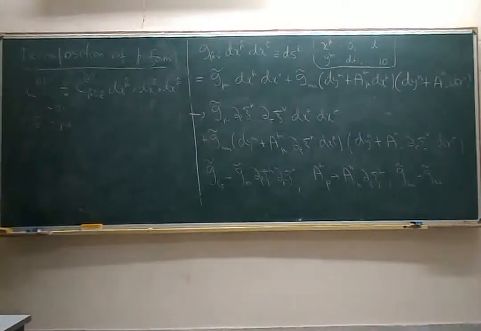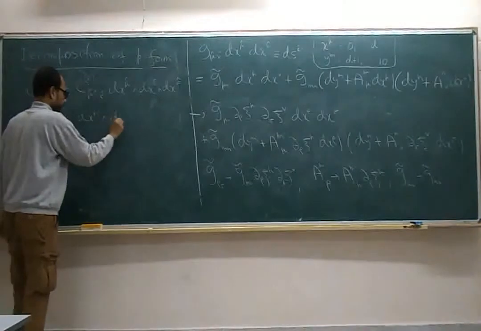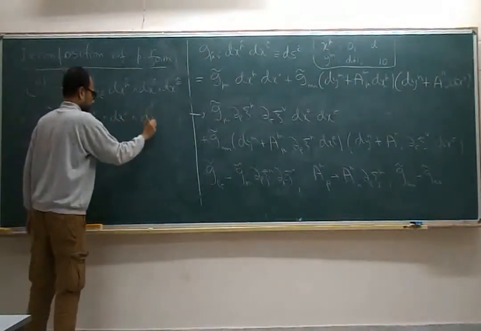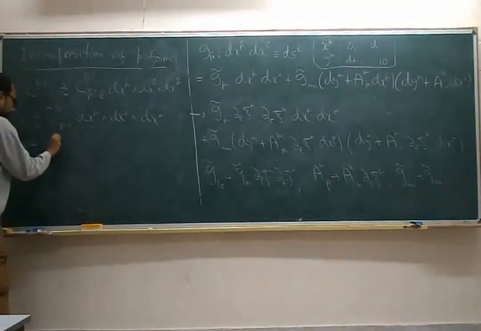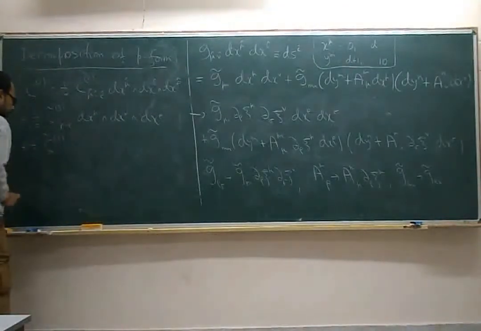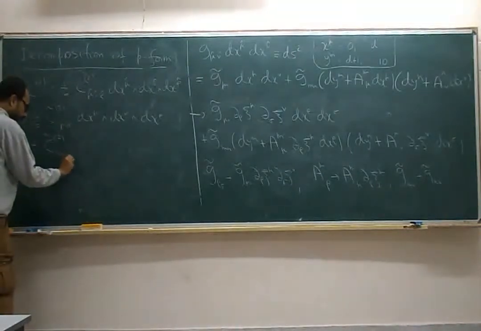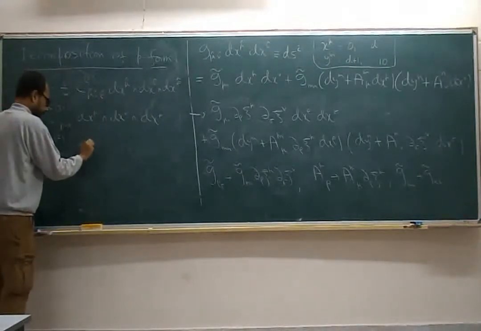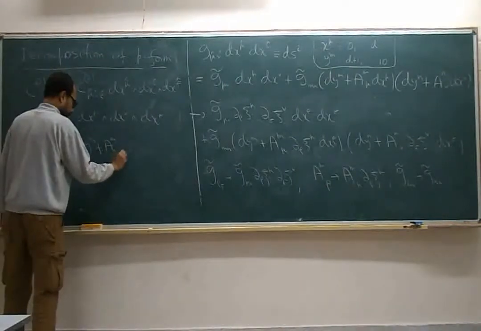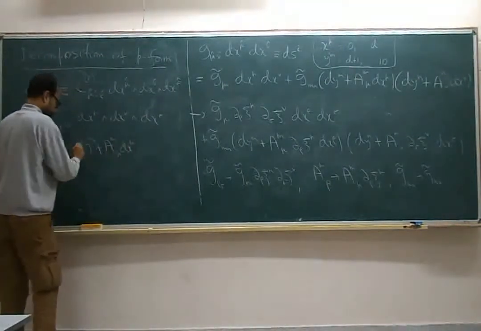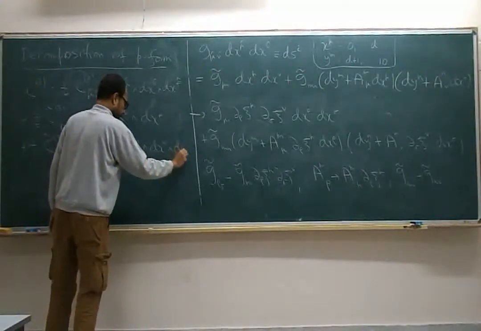These are the lower dimensional fields. dx^mu with dx^nu with dx^rho, plus half C2 tilde_{m mu nu} (dy^m plus A^m) dx^mu dx^nu.